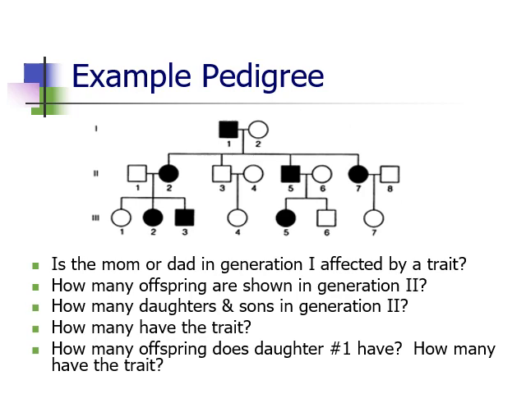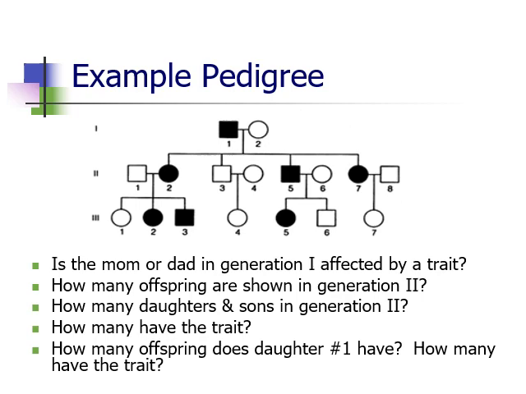So basically, in generation 2, what this is showing you is 4 brothers and sisters, and then their husbands and wives, we could say.